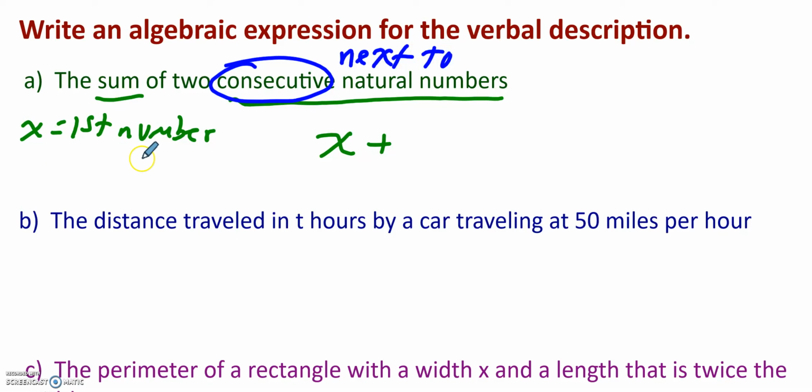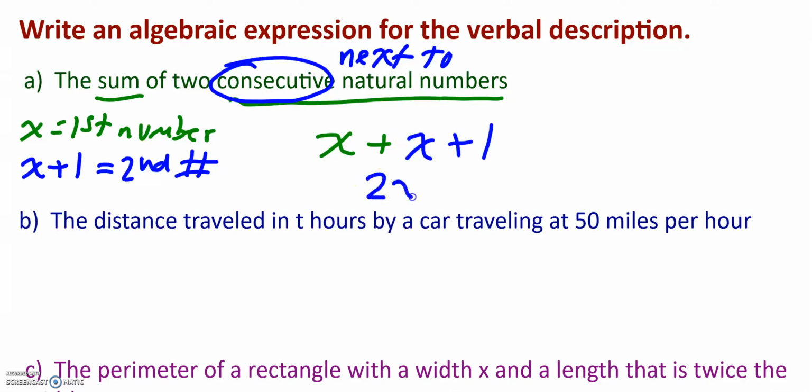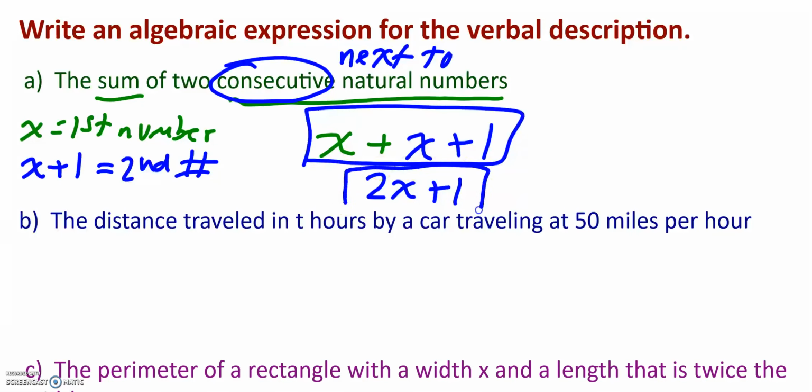So if x is the first number, it would make sense to me that x plus 1 would have to be the second number because it is directly next to it on the number line. So if we were going to create a complete expression, the sum would be the first number plus the second number, which could be simplified to be 2x plus 1. Either of these answers would work because I didn't tell you to simplify, but I would say simplifying is usually a good idea.